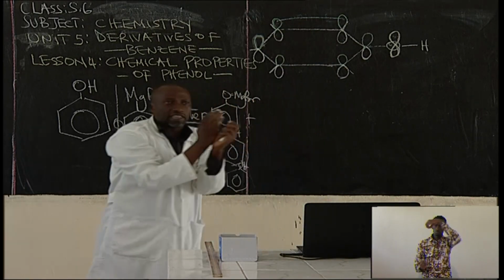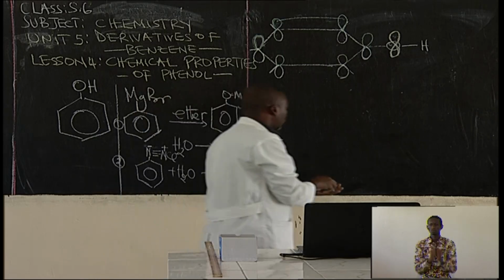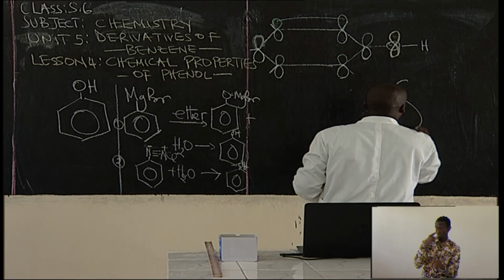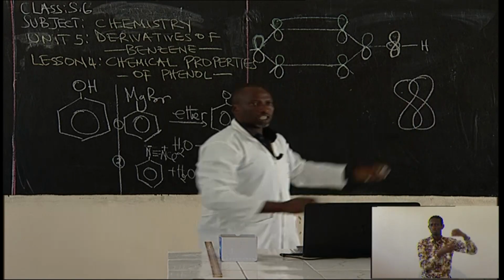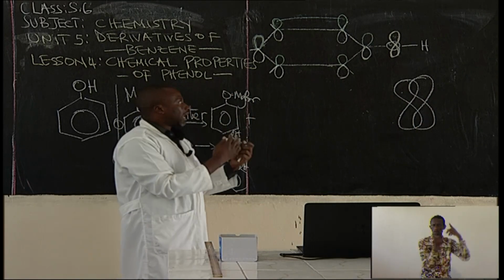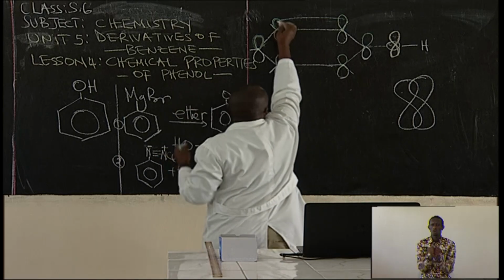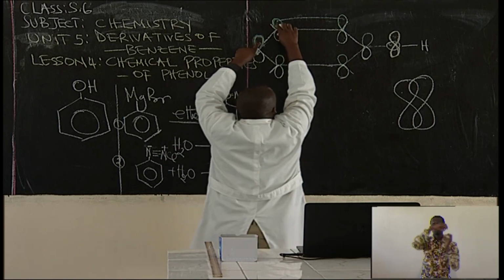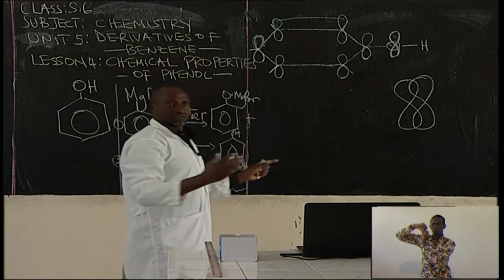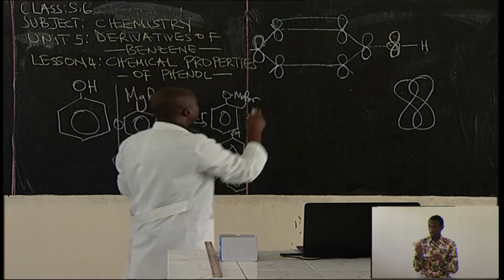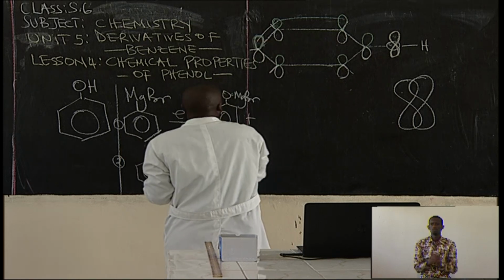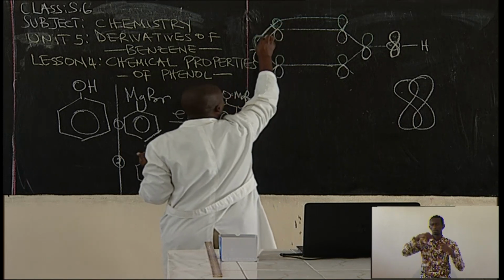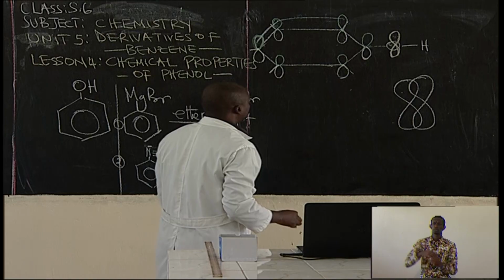So they come together and overlap. When I talk about the overlapping, this is what I mean. That is overlapping. Now, this one and this one are also laterally placed. And that means that this orbital will overlap with that one.